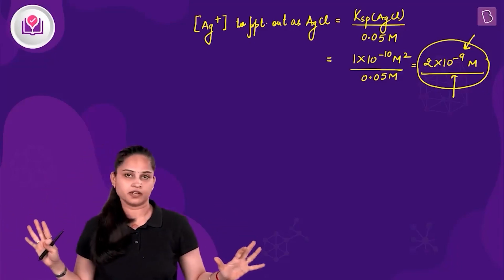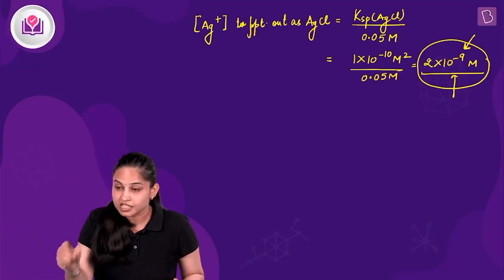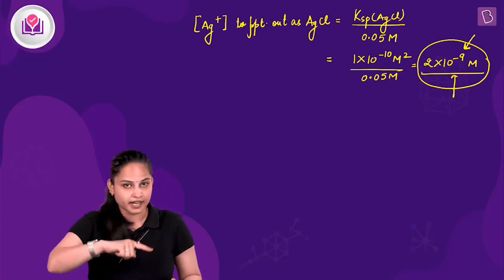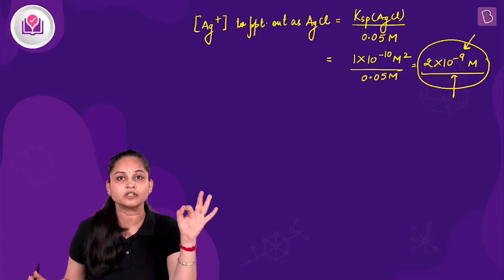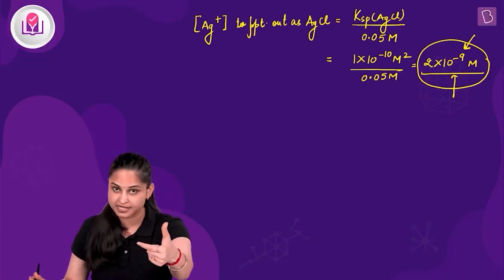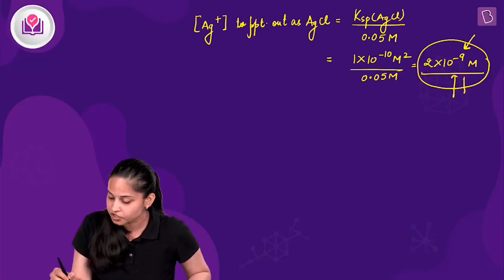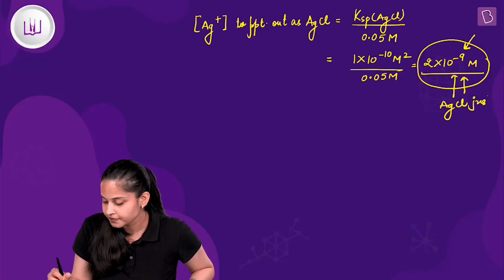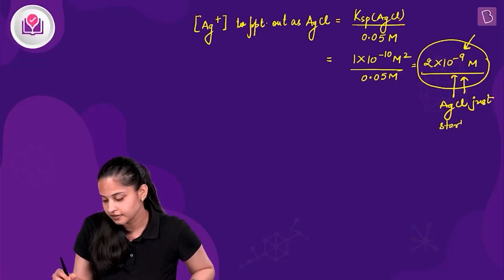I'm making things very, very clear. Now, at this stage, we want to find the concentration of iodide ion when AgCl just starts to precipitate. At this concentration, AgCl just starts to precipitate.